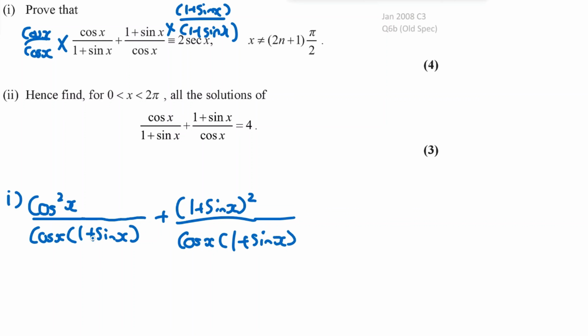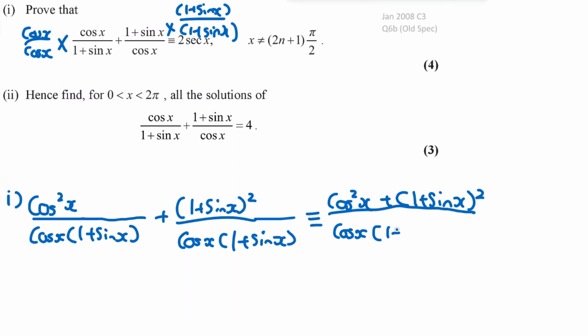And you can see now that the denominators are the same, so now we can combine the numerators. So this is equivalent to cos squared x plus 1 plus sin x squared, like this, and this is over cos x, 1 plus sin x, like this.